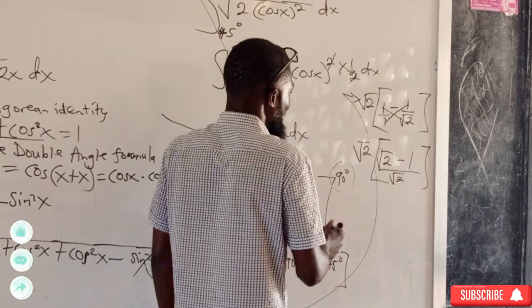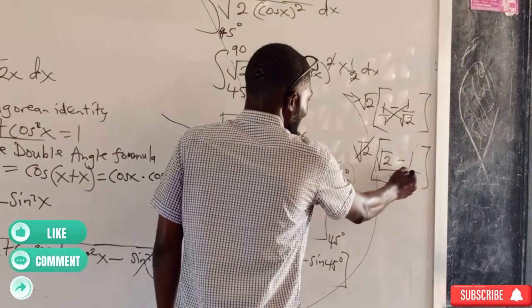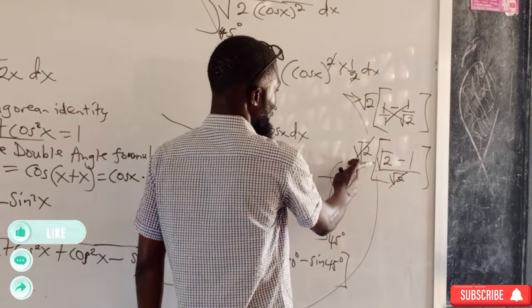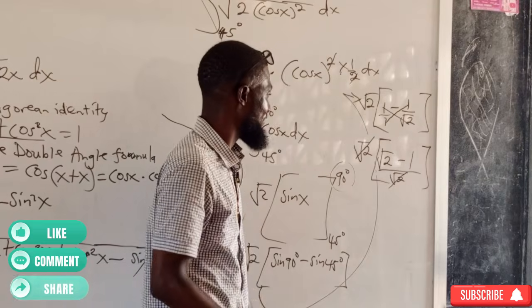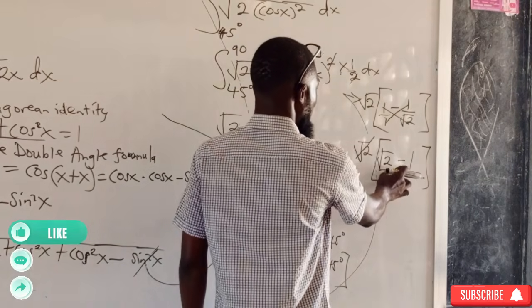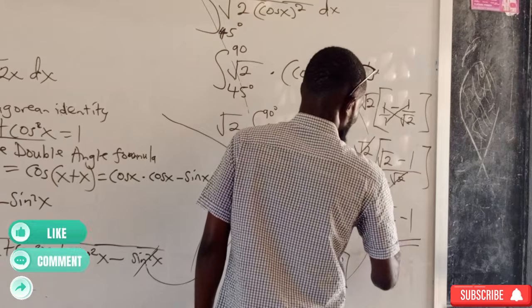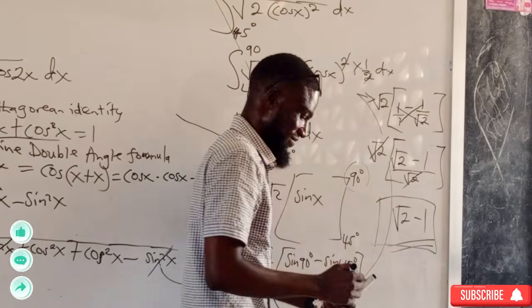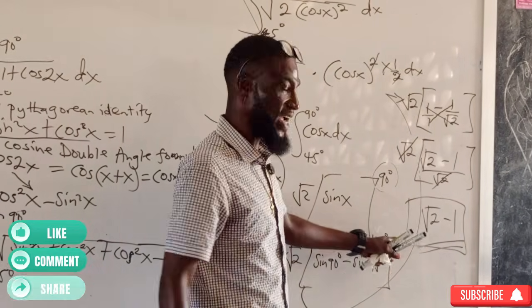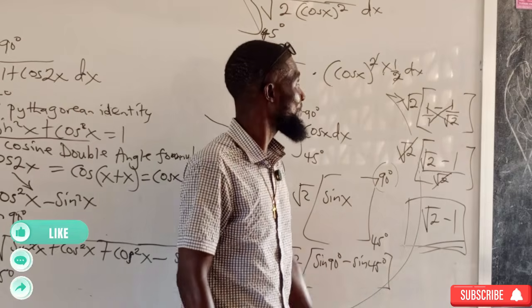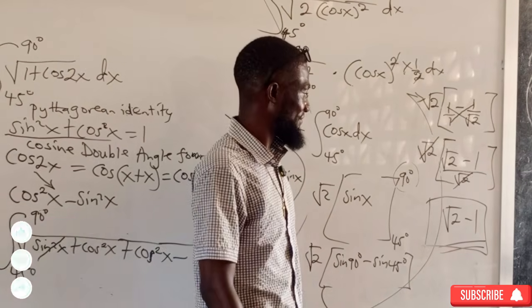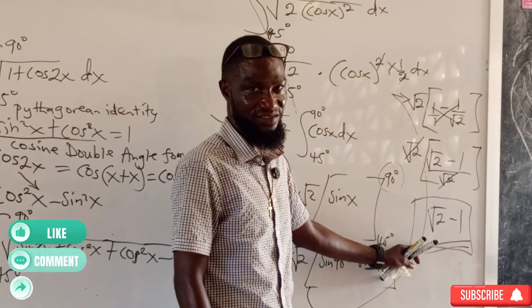We did it because we want this guy, and automatically the guy will be cancelled because the square root of 2 and the square root of 2 are the same. So automatically we are left with the square root of 2 minus 1. Ladies and gentlemen, this is our answer for today on our definite integral calculus.